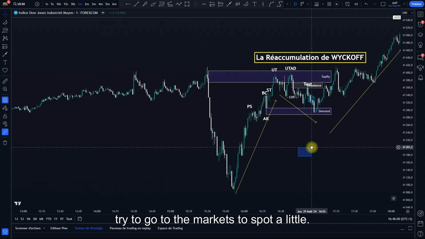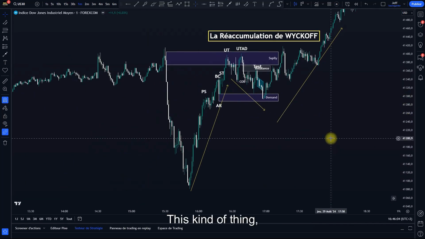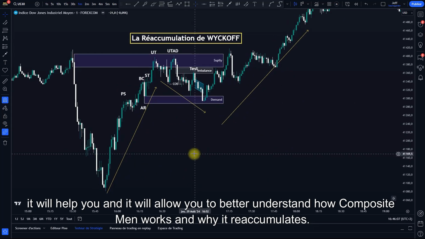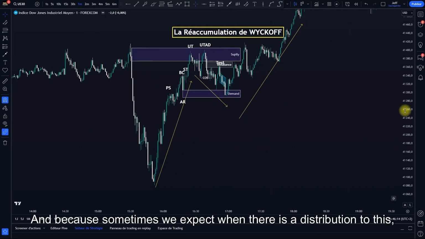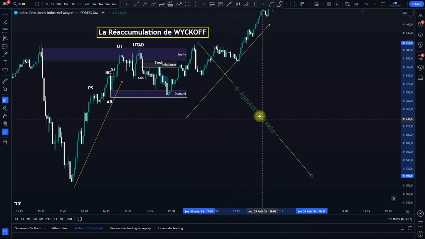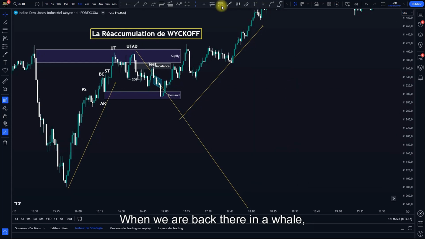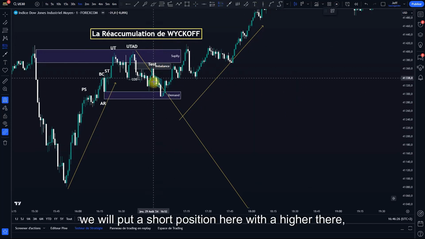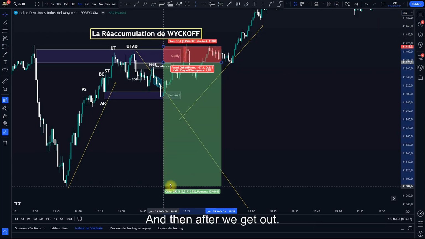Try to go to the markets to spot it. This kind of thing will help you and allow you to better understand how the composite man works and why it reaccumulates. Because sometimes when there is a distribution, we expect to see this, and then we put a short position. When we are back there, we put a short position here with a stop higher there, and a target lower here, and then after we get out.